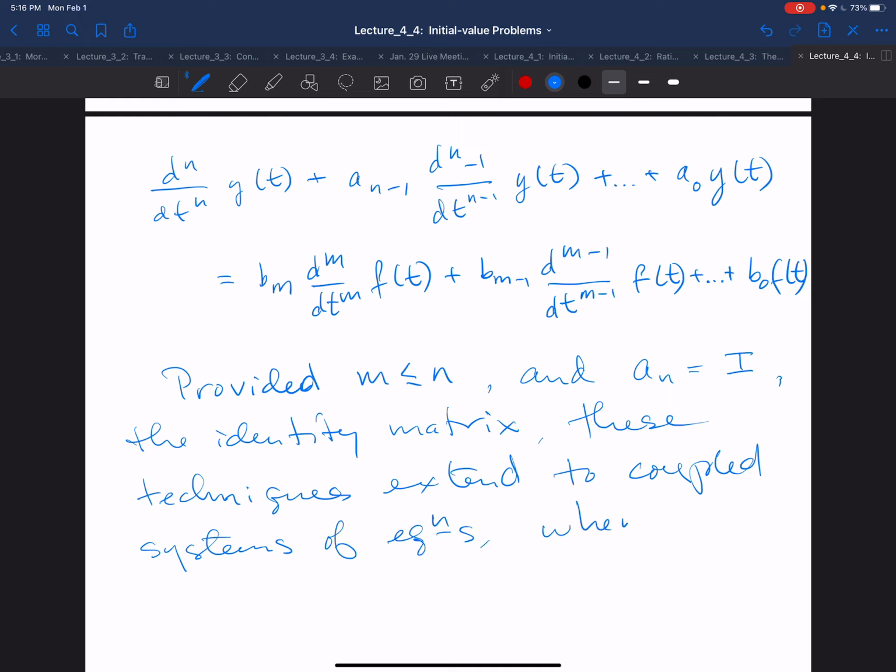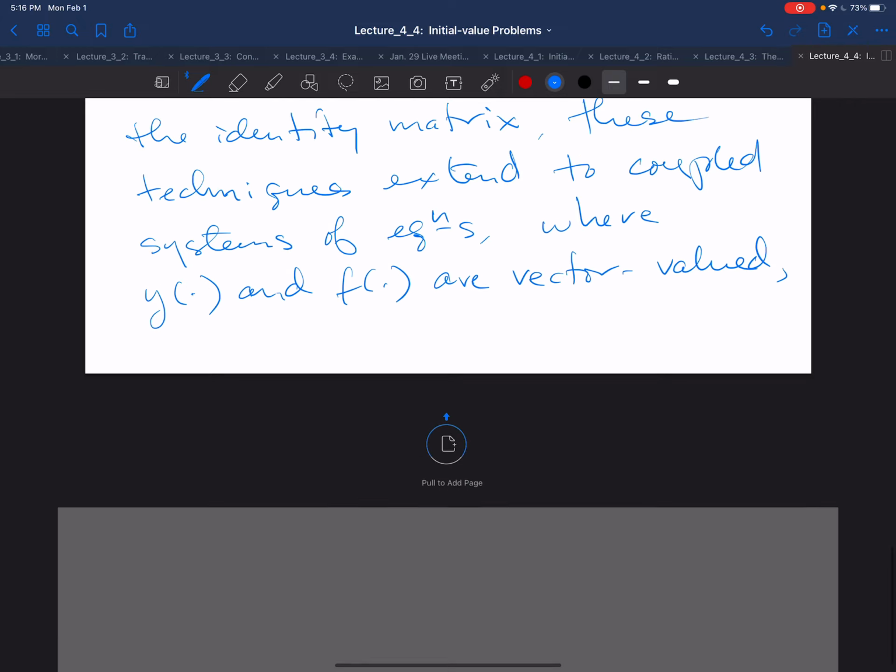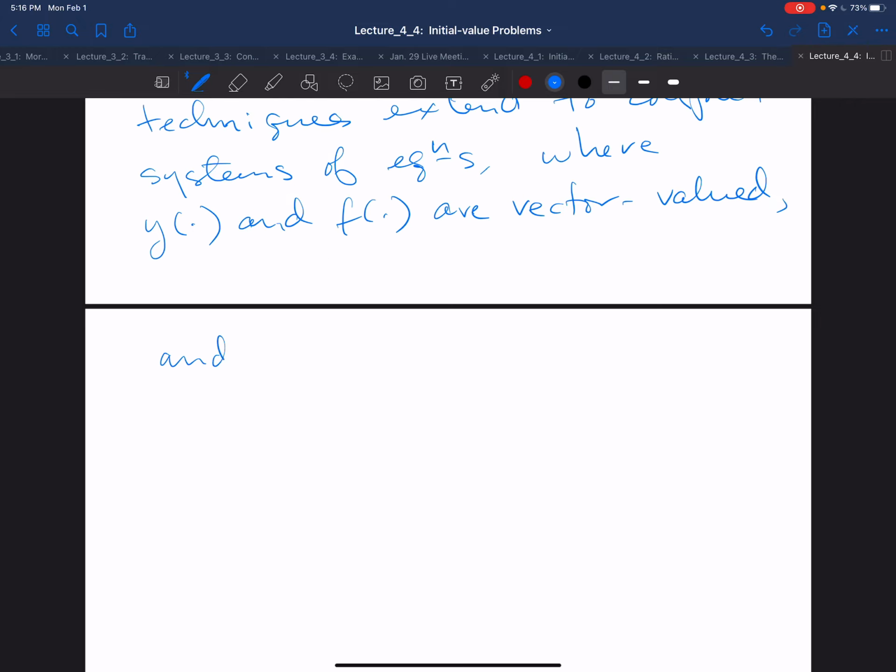So for instance, where the functions y and f are vector valued, and the constant coefficients, say a_i and b_j, are constant matrices.